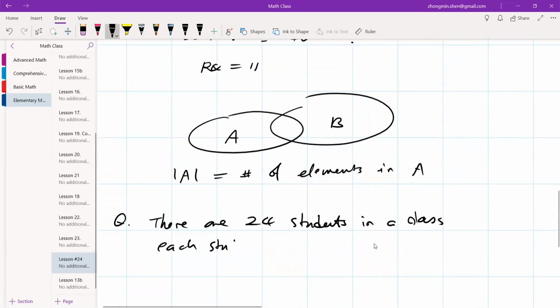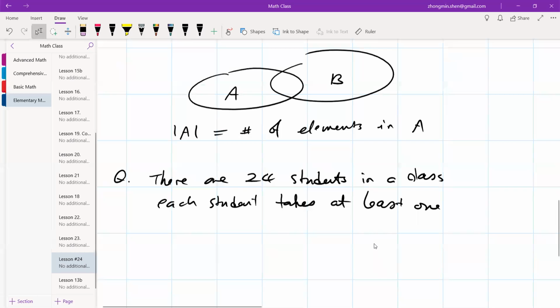Each student takes at least one of the two classes, math or Spanish.